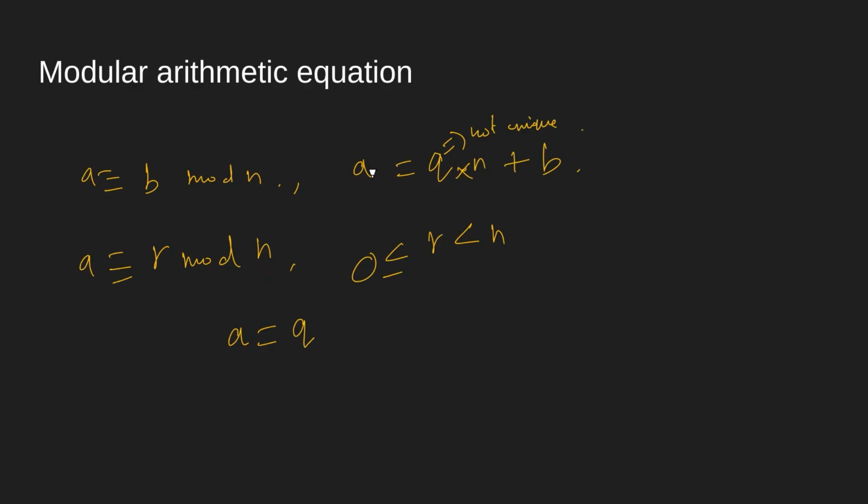For a given A, we can select multiple B's. So Q is also not unique, B is also not unique. If we do this restriction, for a given A, we can only find one R and one Q, which satisfies this equation. Right, so that's the only difference.